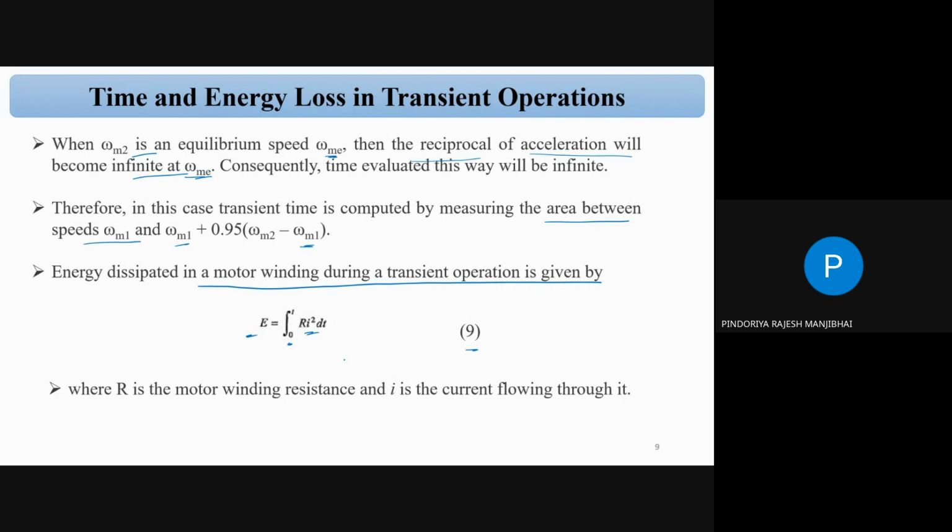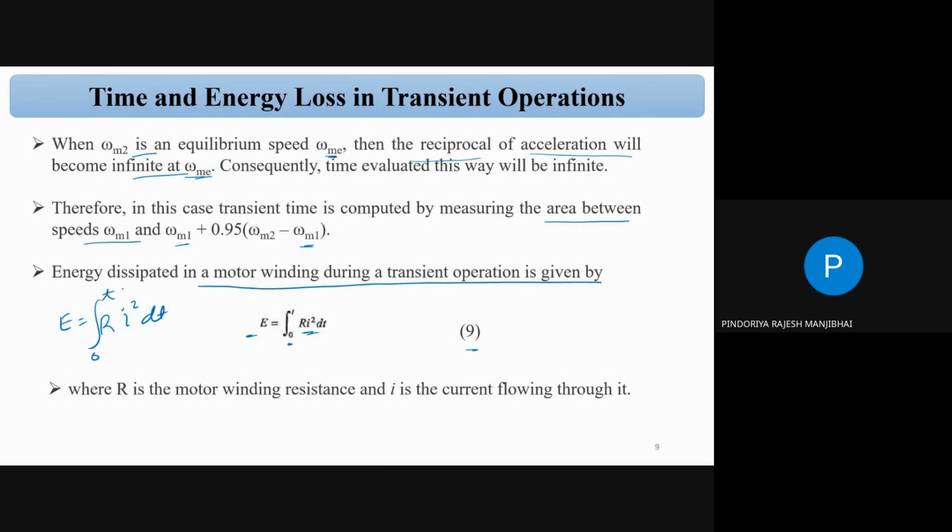And why R into I? Because now we have to calculate the energy losses, and whenever we say energy losses, we consider the winding resistor R, and I is the current flowing through it. So that is your energy loss, R into I squared dt, integrated from 0 to the total time period.